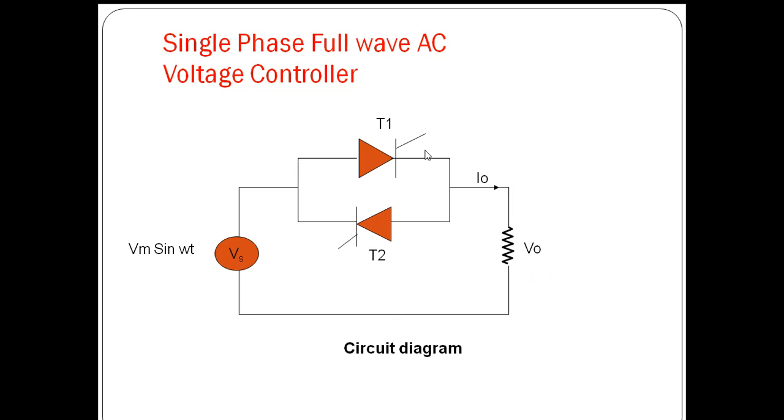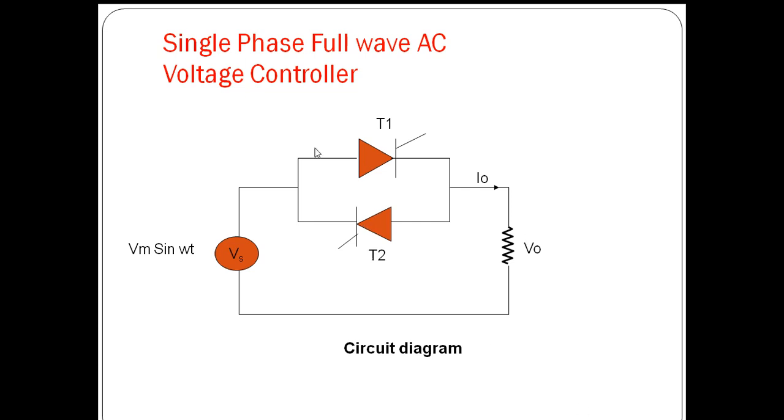So this is the circuit diagram. In this circuit, we have replaced the diode with a thyristor. In the previous circuit, we had a diode in anti-parallel connection with thyristor T1. Now the diode is replaced with thyristor T2.